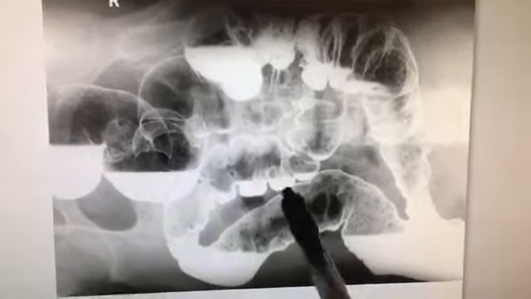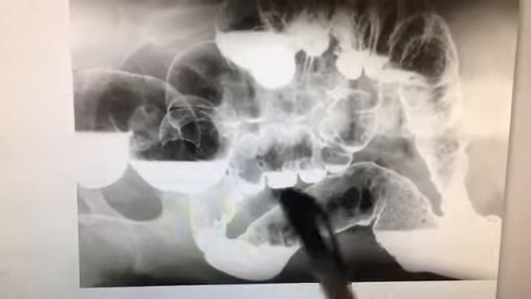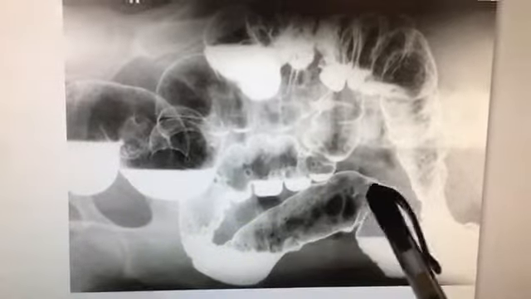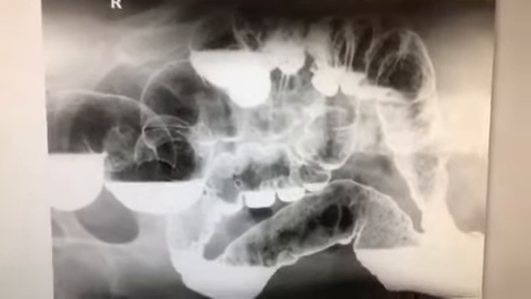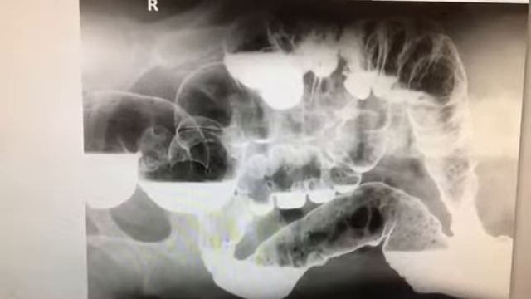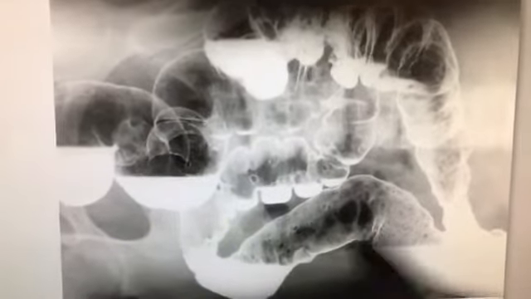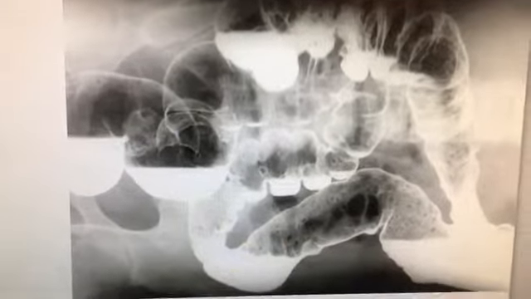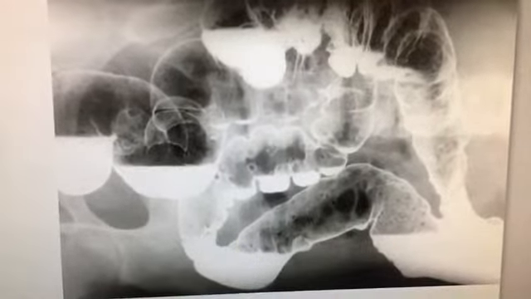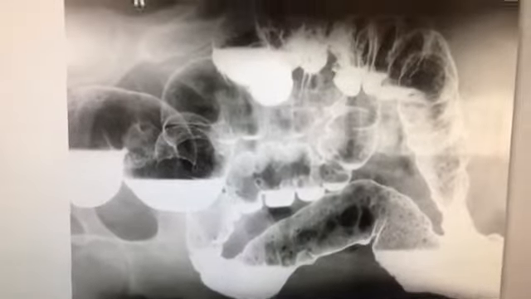In this image, all these little circle dots are polyps. Polyps are just small masses of cells that form usually in the lower part of the colon, and they can be non-neoplastic or they could be neoplastic.